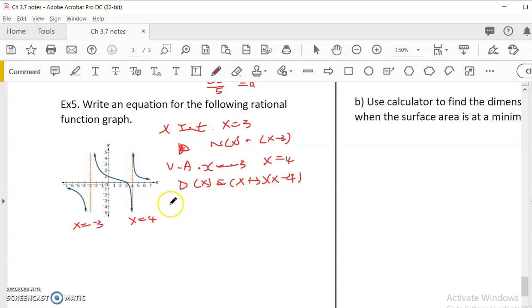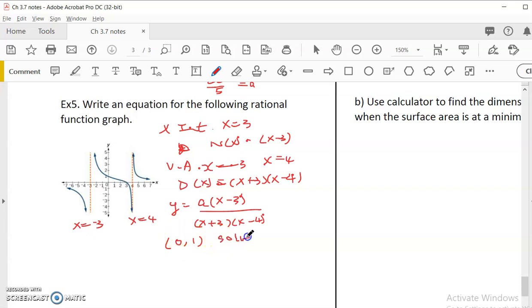Okay, so now we can write the function as a times x minus 3 on top, over x plus 3 and x minus 4 in the denominator. Now we need to solve for a. Use the y-intercept, right? The y-intercept would be (0, 1) to solve for a.